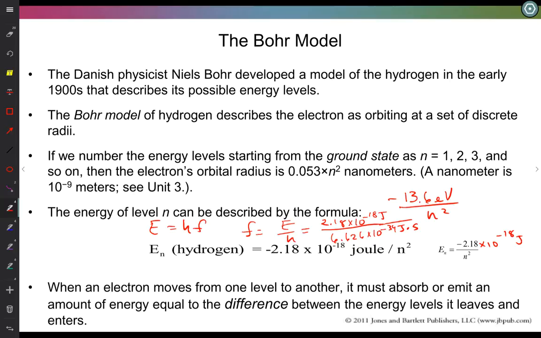So now I just have to put that in. Now, this is not part of the homework, by the way. I'm going on with the teaching part of class here. I'll come back to the homework. But that's going to be 2.18 times 10 to the minus 18 divided by 6.626 times 10 to the minus 34.